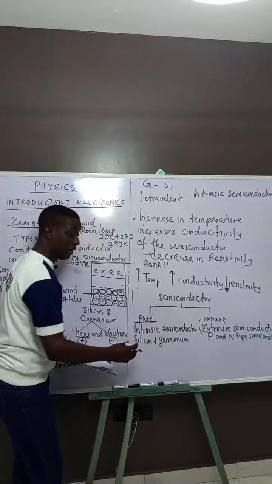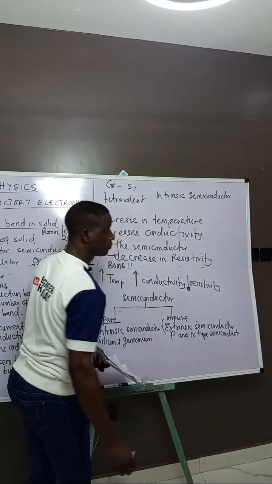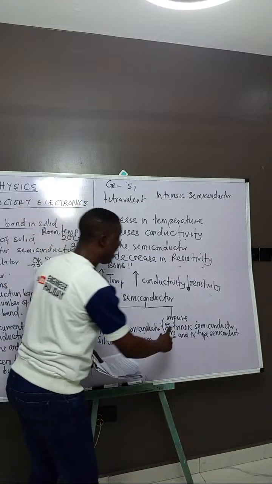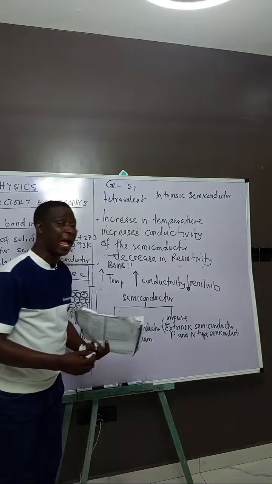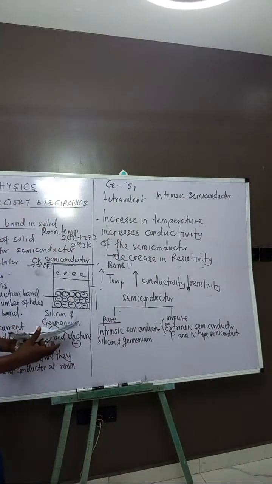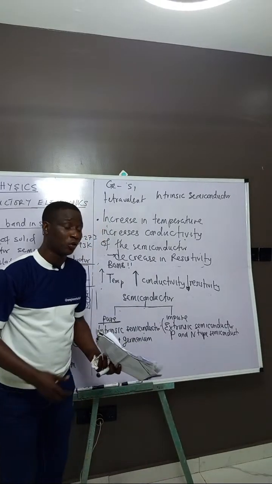I've just talked about pure semiconductors. That means there are two types, the silicon and the germanium. The impure ones also have two types, the P and the N type. So how do we classify an extrinsic semiconductor?